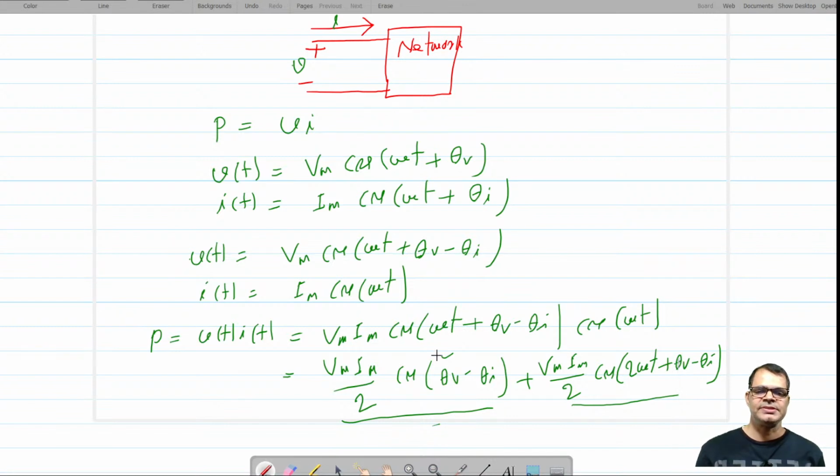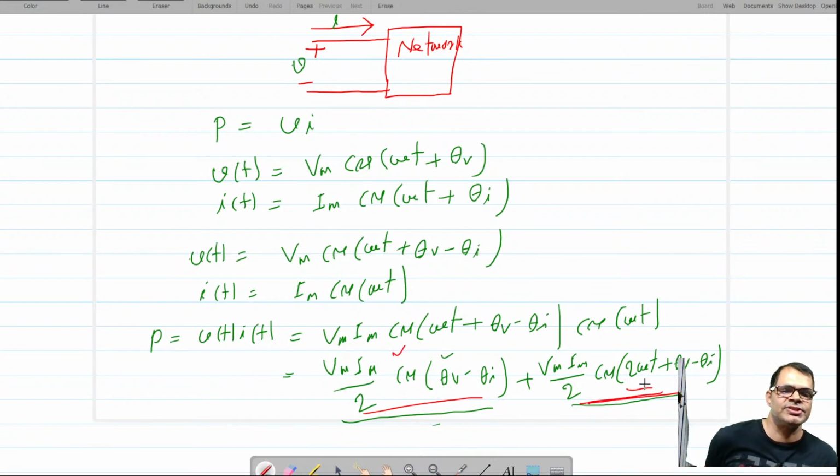Line means supply frequency, because you can see easily that it is 2 omega. For example, in your domestic supply, 50 hertz is the supply voltage or current, but the instantaneous power will be at 100 hertz. So this is your average value and this is the instantaneous value. The average value of a constant is the same constant, and the average value of a sinusoidal function is 0.